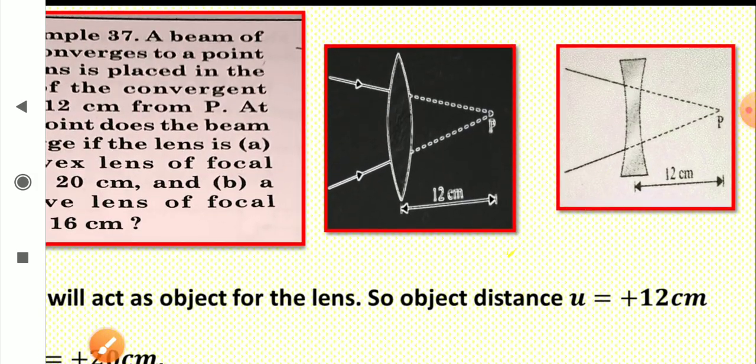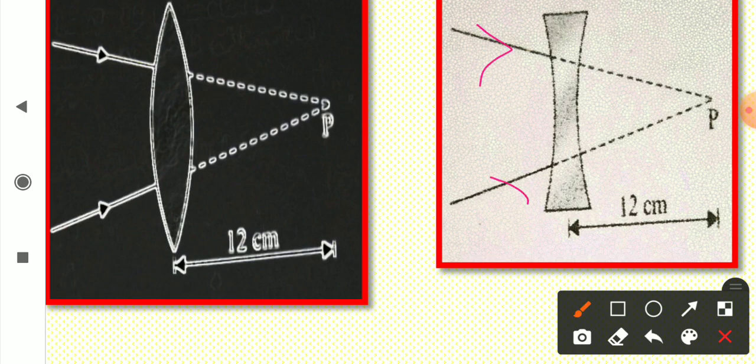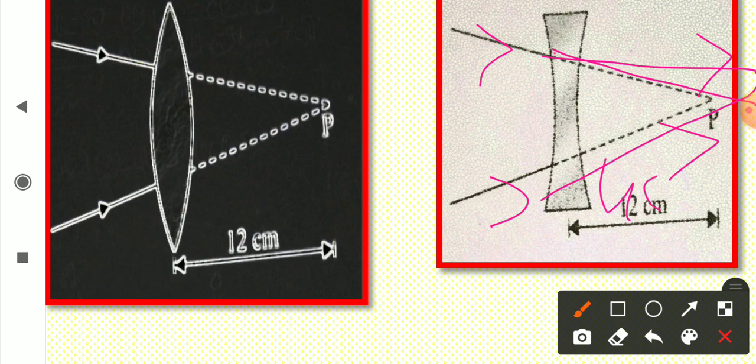That means the image by this concave lens will be formed at farther distance of 48 centimeter. Real image will be formed and see this is a concave lens, but still the image formed will be a real image only and at 48 centimeter.